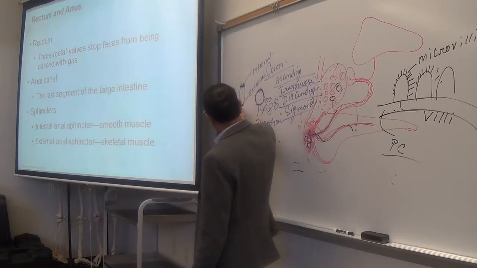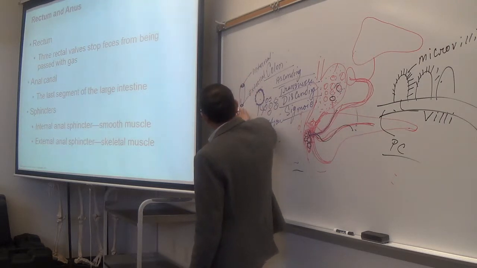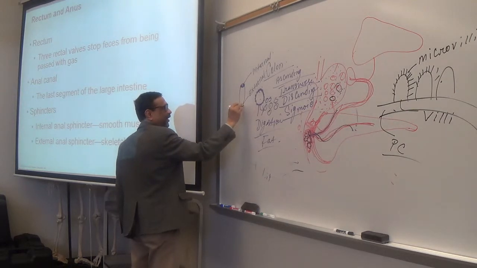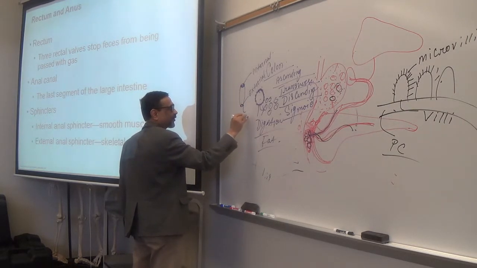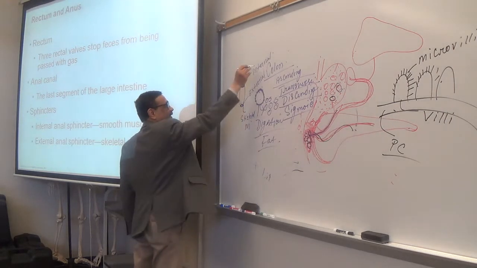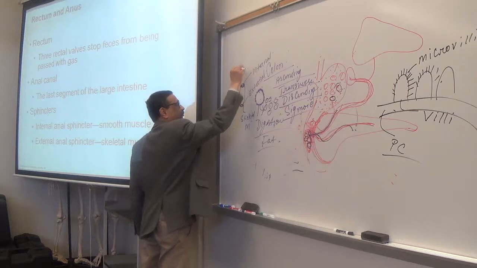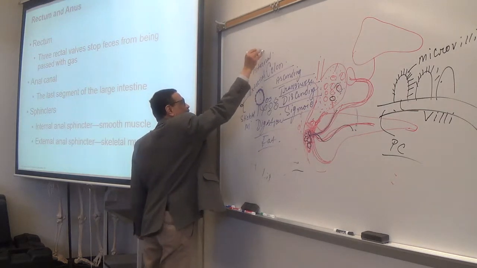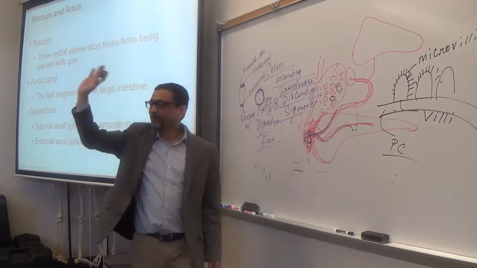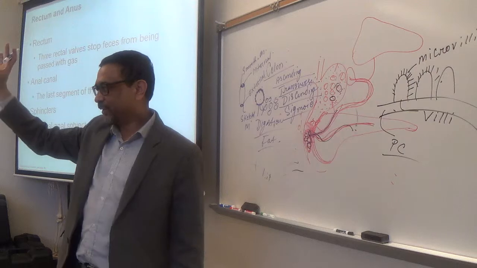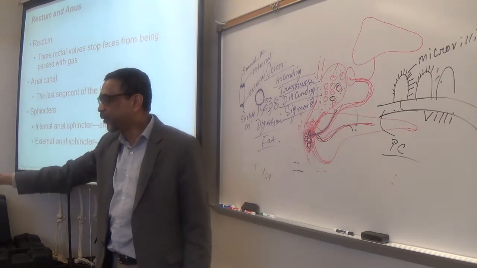First you know that this is skeletal muscle. And this is smooth muscle. So, two sphincters are formed by two different types of muscle. Okay? Internal one is what? Smooth. And the external one, skeletal.